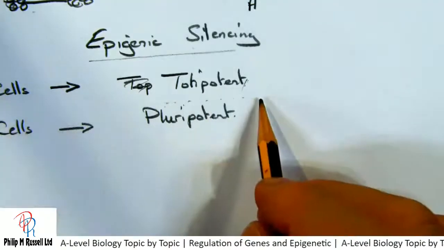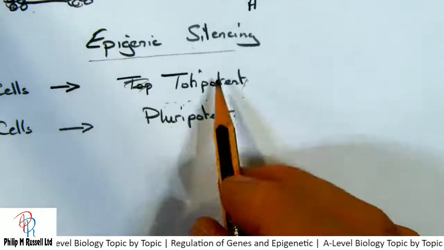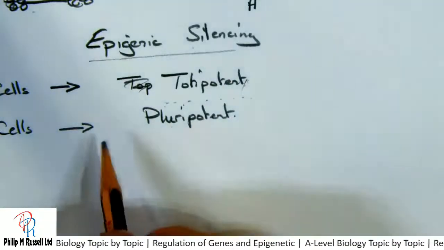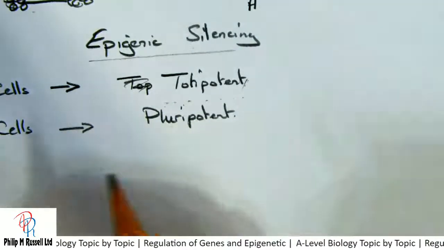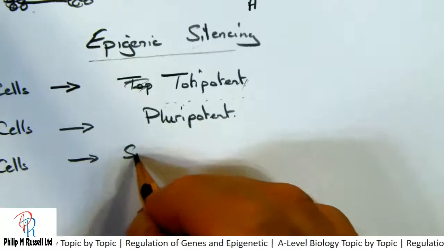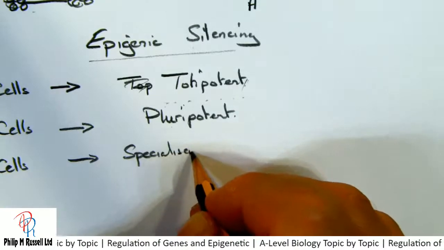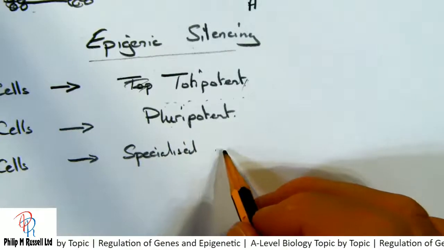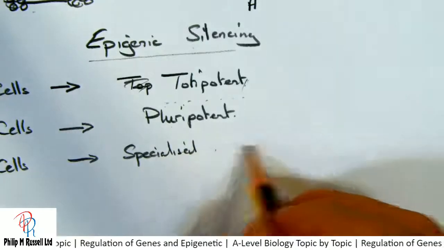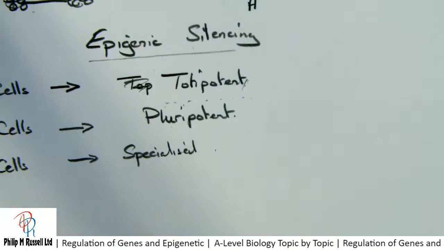All the genetic material is still there in both cells, but some places they're turned off. And later, the cells with the same DNA become specialized. And then they can only produce the genes that are required for that particular cell to use.